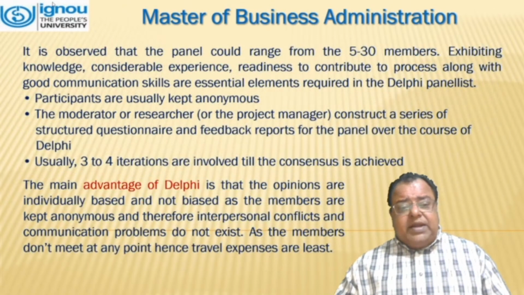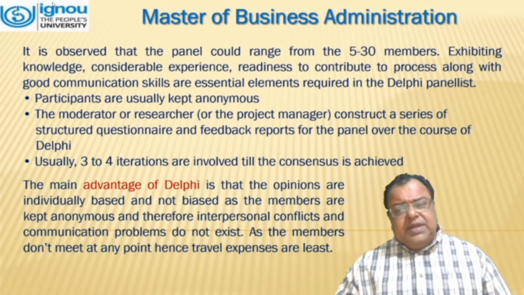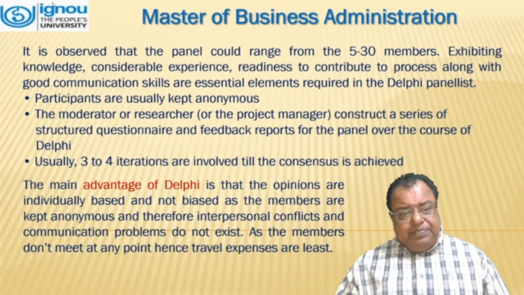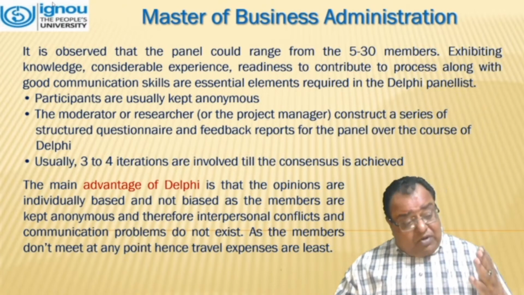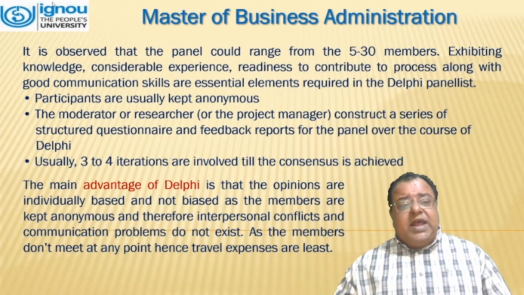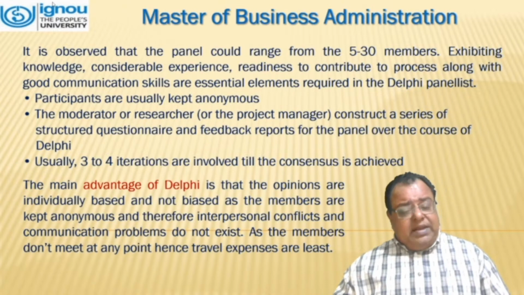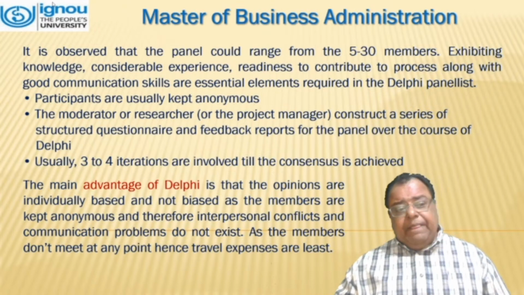It is observed that the panel could range from 5 to 30 members. Knowledge, considerable experience, readiness to contribute to the process, along with good communication skills are essential elements required in a Delphi panelist.